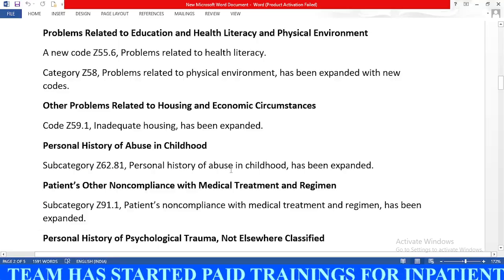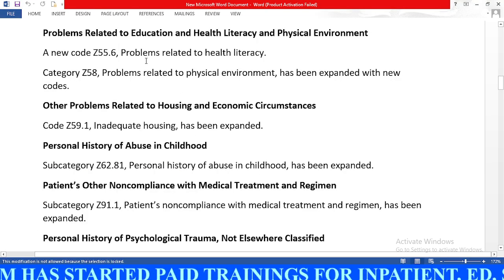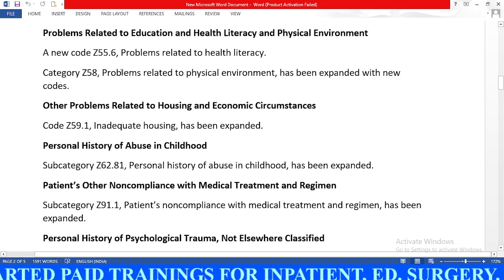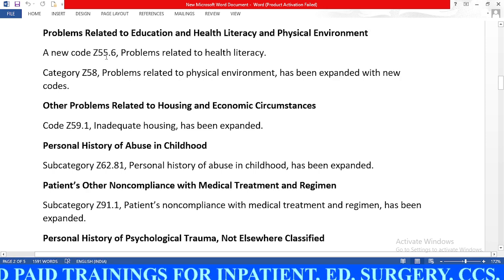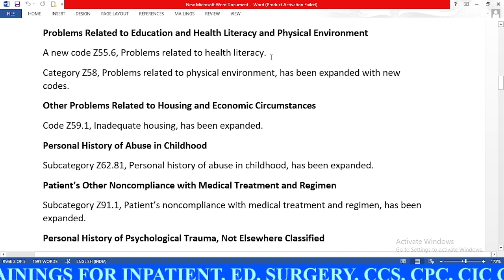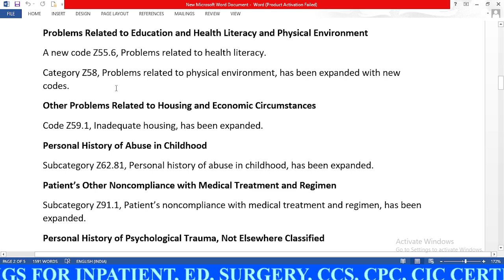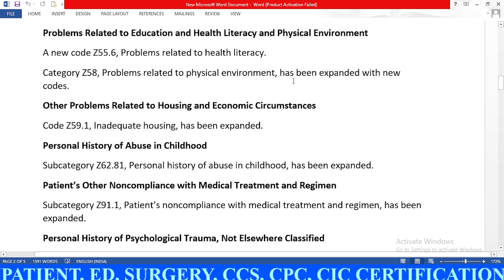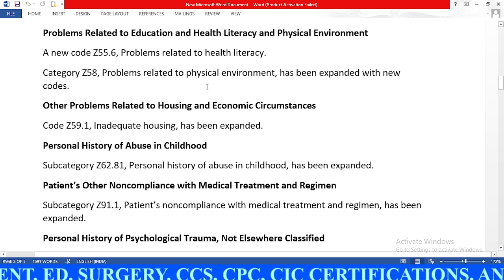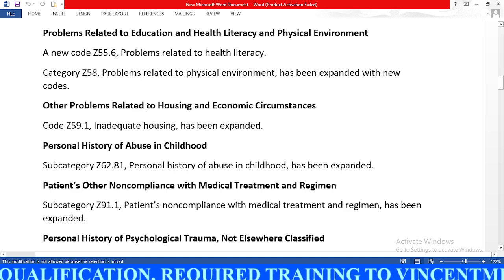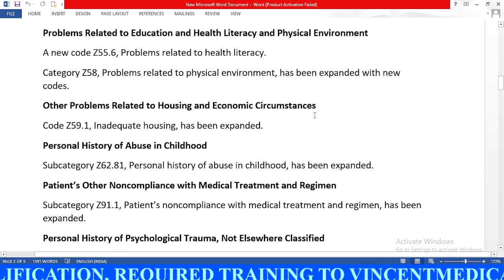Basically, these codes are expanded in 2023. Next, we have problems related to education and health literacy and physical environment. Here, a new code Z55.6, problems related to health literacy, has been created, and category Z58, problems related to physical environment, has been expanded with new codes. Next, other problems related to housing and economic circumstances.